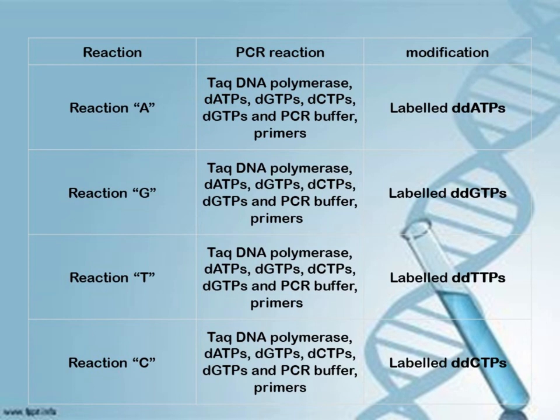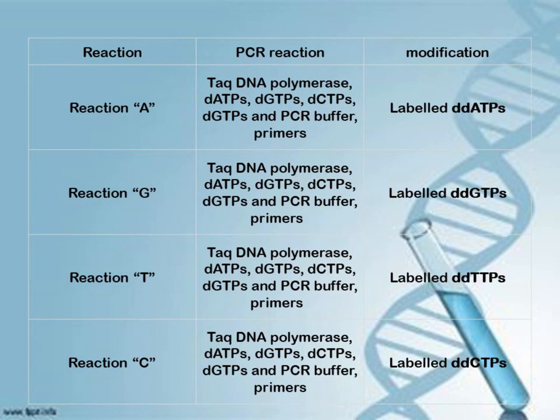Reaction A, for adenine, includes Taq DNA polymerase, dATPs, dGTPs, dCTPs, dTTPs and PCR buffer with primers, and the labeled modification is ddATPs. Whereas in reaction G, for guanine, Taq DNA polymerase, dATPs, dGTPs, dCTPs, dTTPs and PCR buffer with primers are used, and the labeled modification here is ddGTPs.